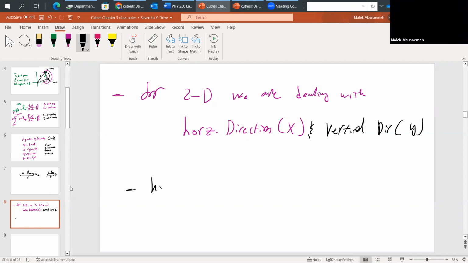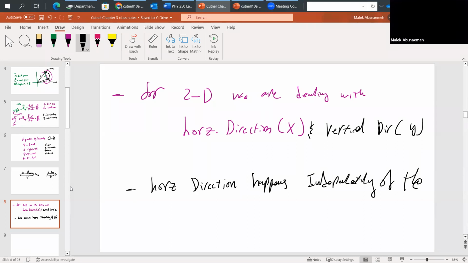Now, your horizontal direction happens independently of the vertical direction.